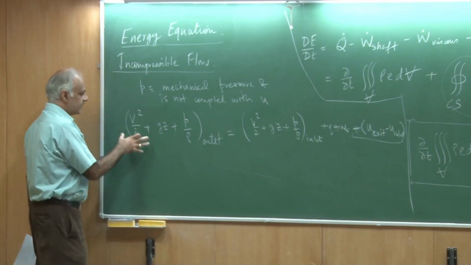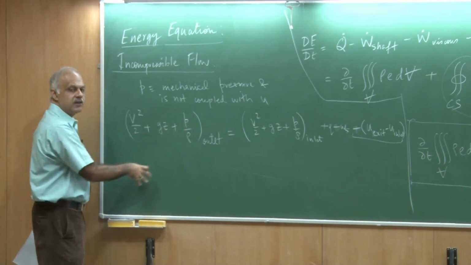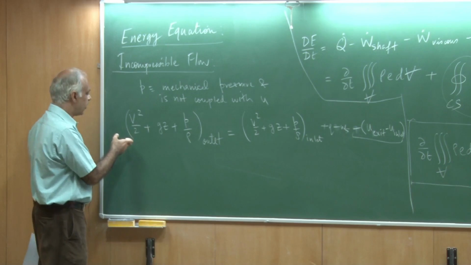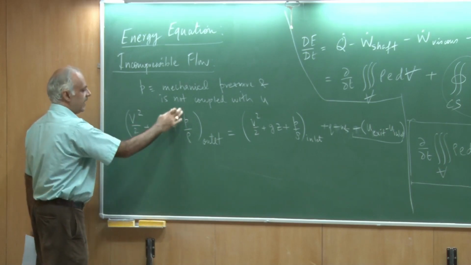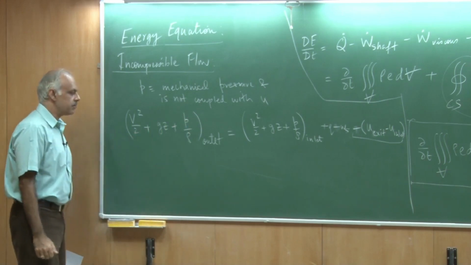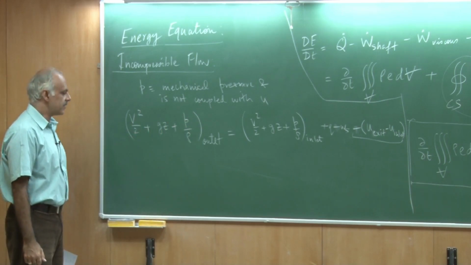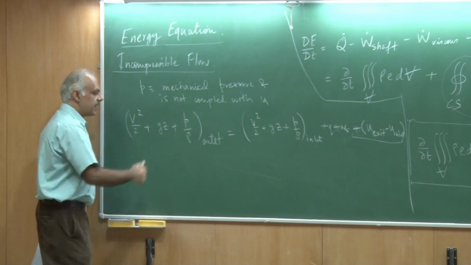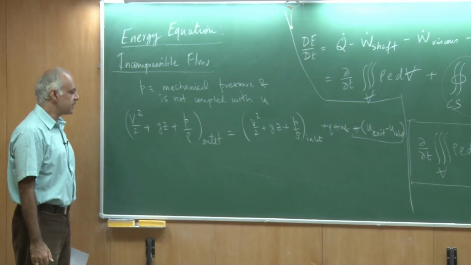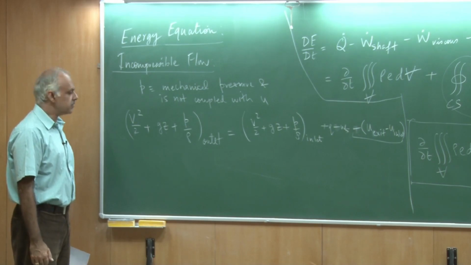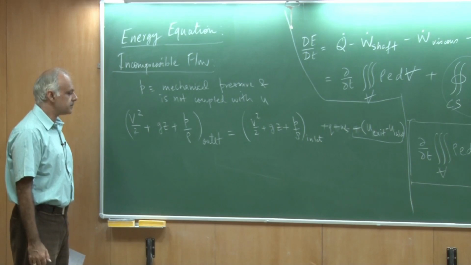So, here is what I say. This is some kind of a mechanical energy which consists of the potential energy, the kinetic energy, and then of course something driven by the pressure. This term came out of the flow work, the work done by the pressure in pushing the fluid into the control volume and pushing it outside the control volume.